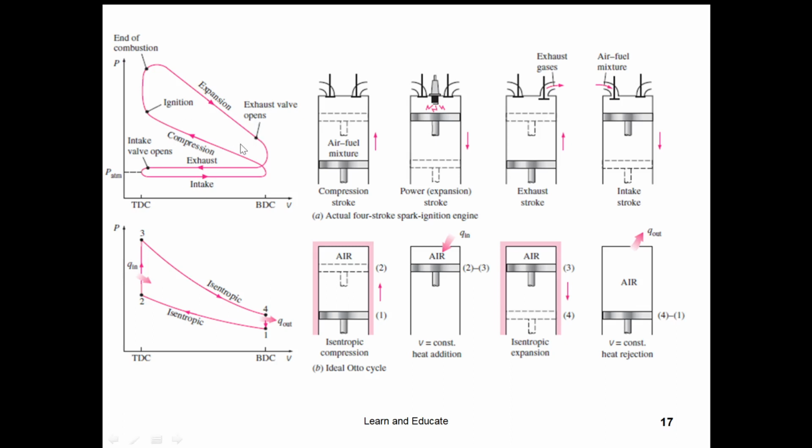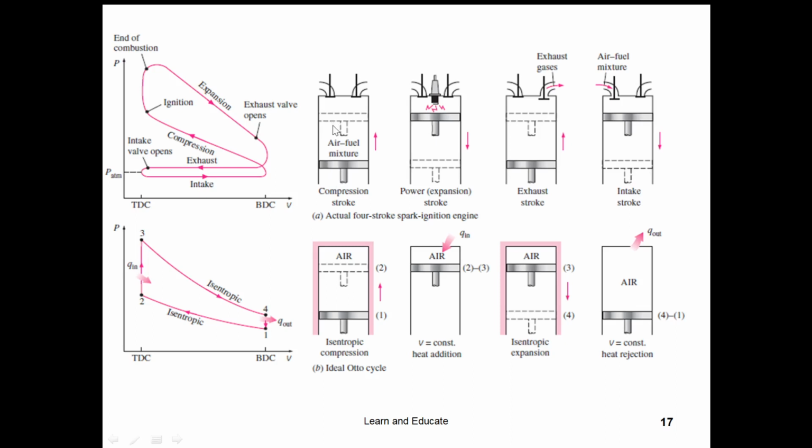So now coming to the actual cycle. Yeah, there are four processes. The first one is the intake stroke, when the piston moves from top dead center to bottom dead center. Then the compression stroke, the piston moves back from bottom to top.